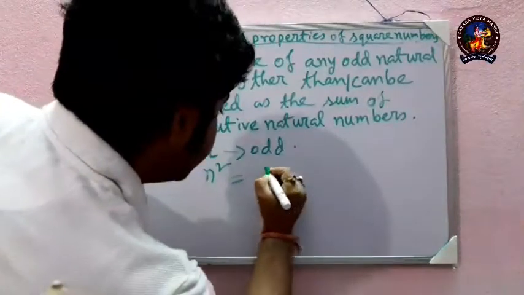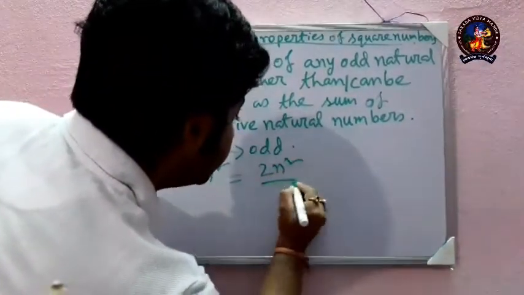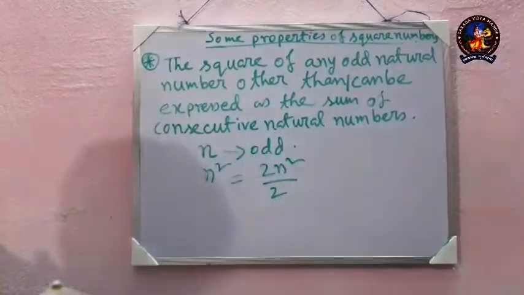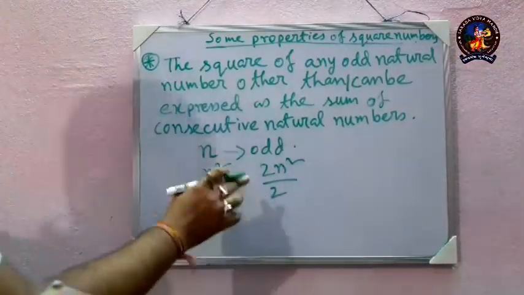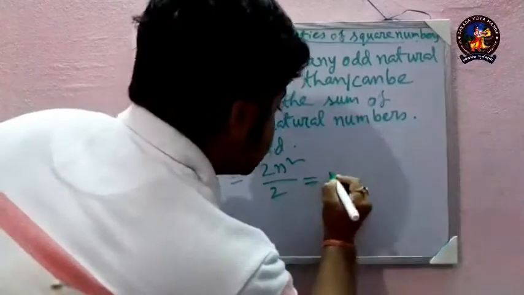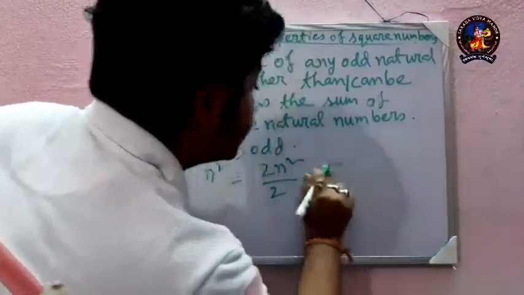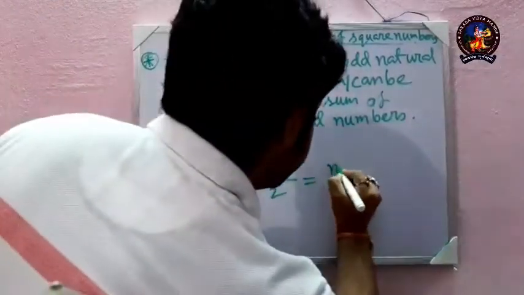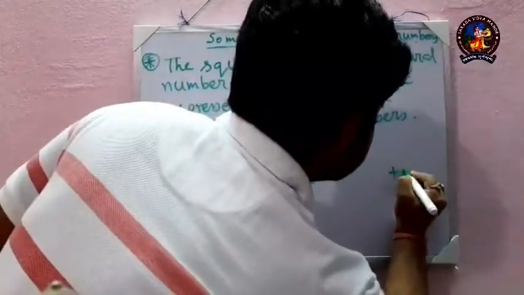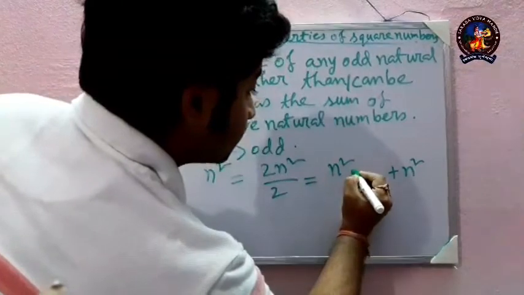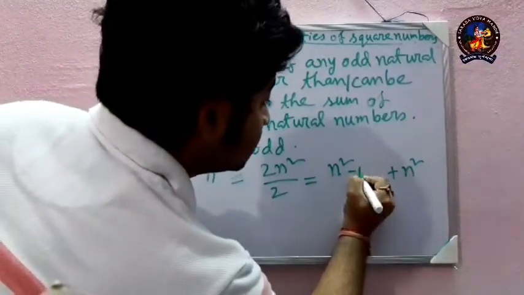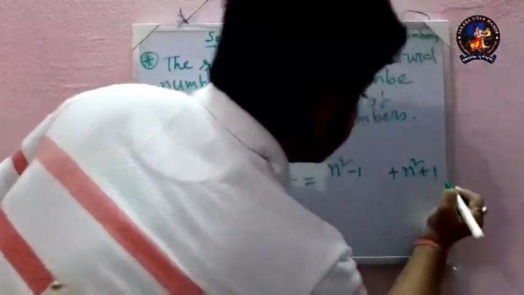Can I write n square as 2n square by 2? This 2 and 2 will be cancelled out. So the next step is to break this 2n square as n square plus n square. Now put here minus 1 and plus 1.